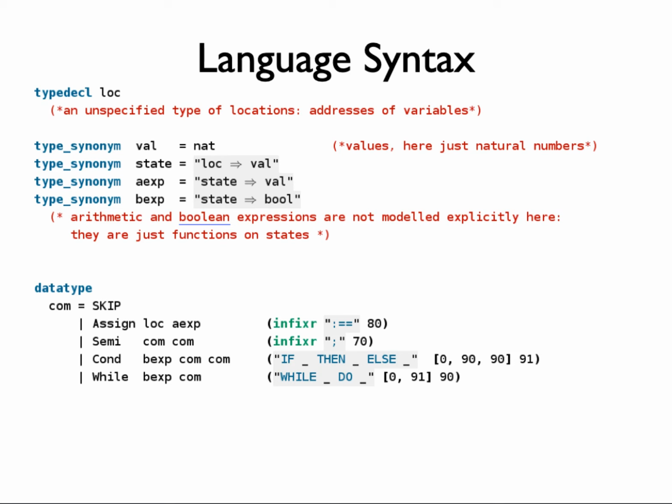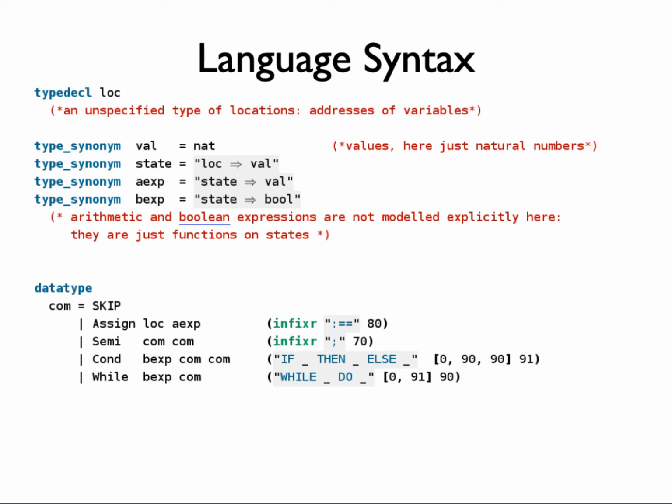So instead, we're going to represent expressions as functions, as you see: AX, meaning arithmetic expression, will map states to values, and BX, for Boolean expressions, will map states to Booleans. And the advantage of that is that now when I define my programming language down below, there are only 5 possibilities for the whole grammar of the language because I got rid of all the expressions.